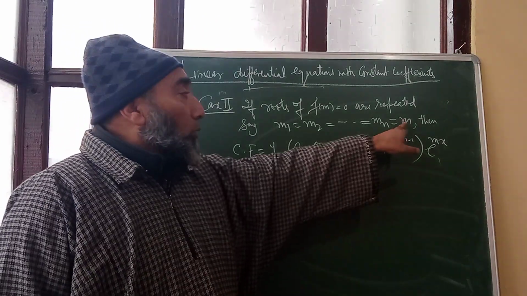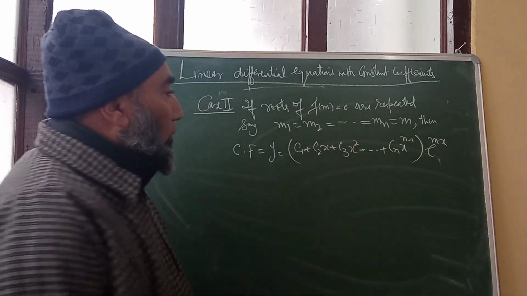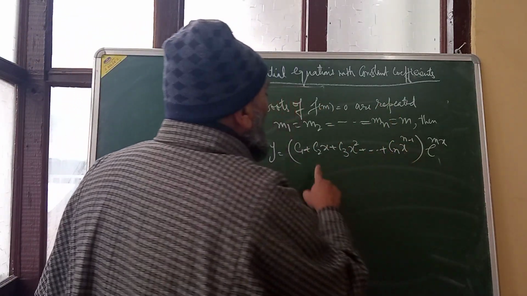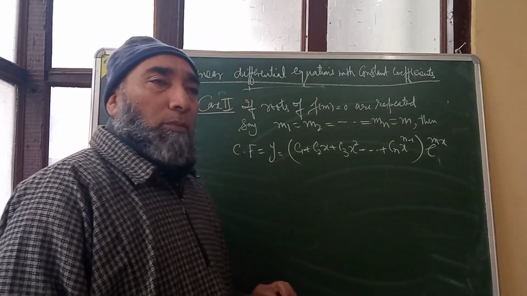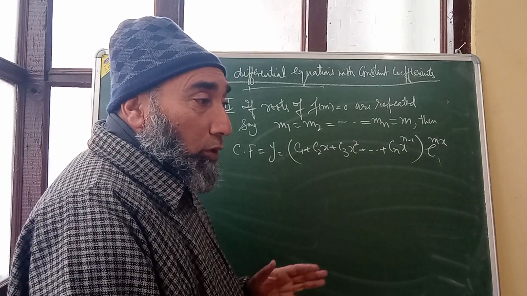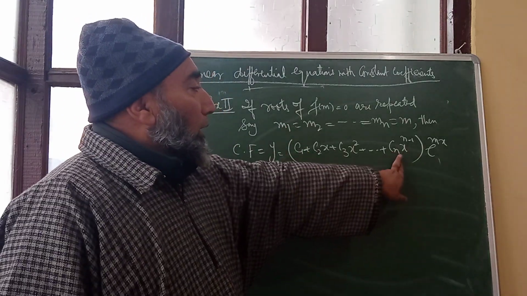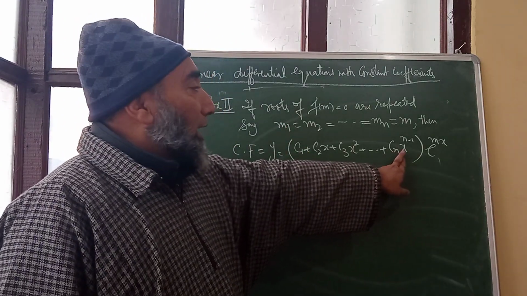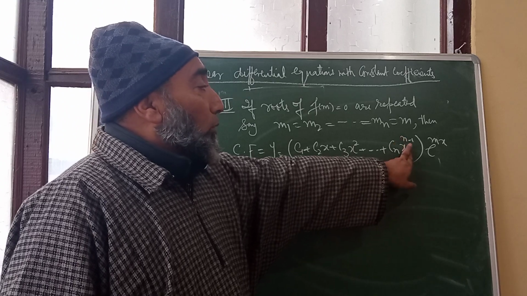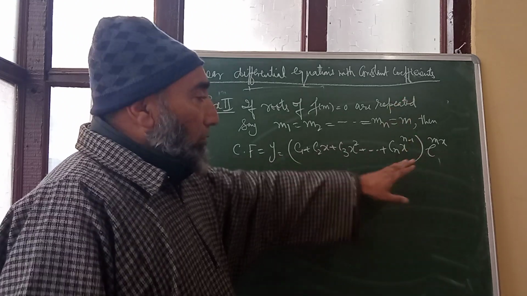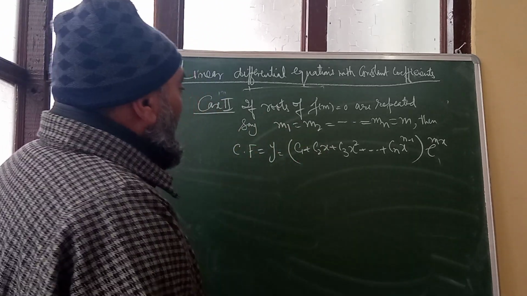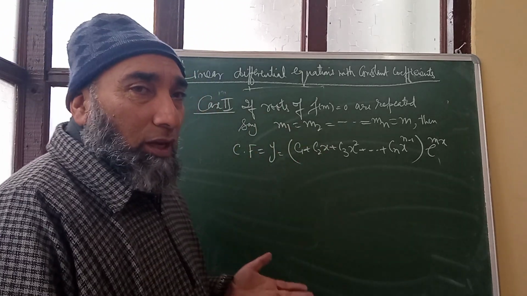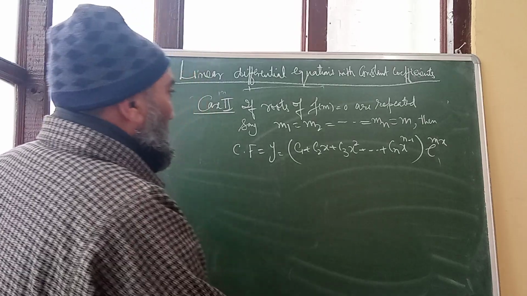So if you have n roots, the solution is up to n minus 1. If you have 5 repeated roots, the solution will be up to c5 x raised power 4 only. Okay, I will also explain why this is written in this form. Now, case 3 is that if roots are imaginary, complex roots.